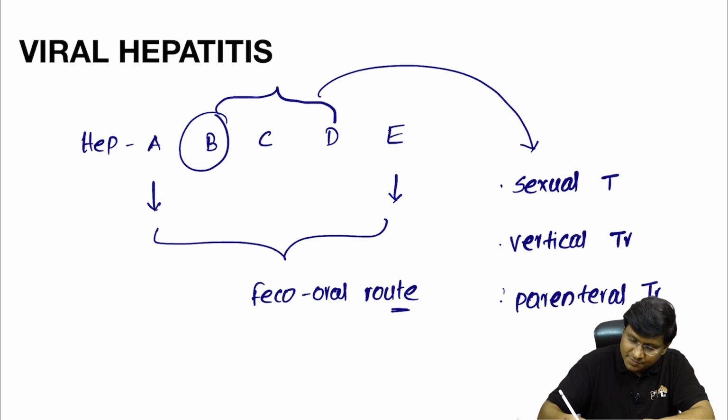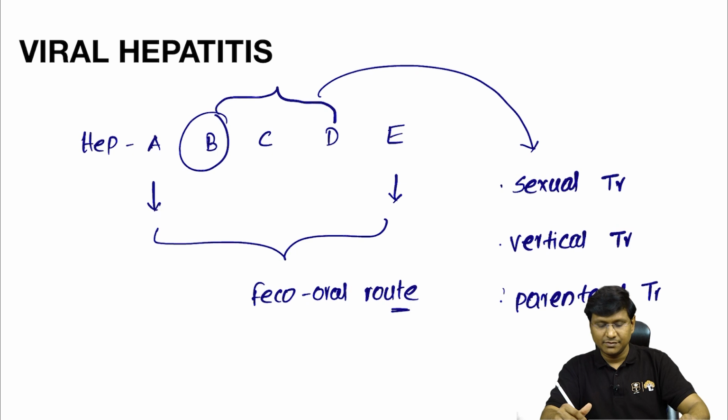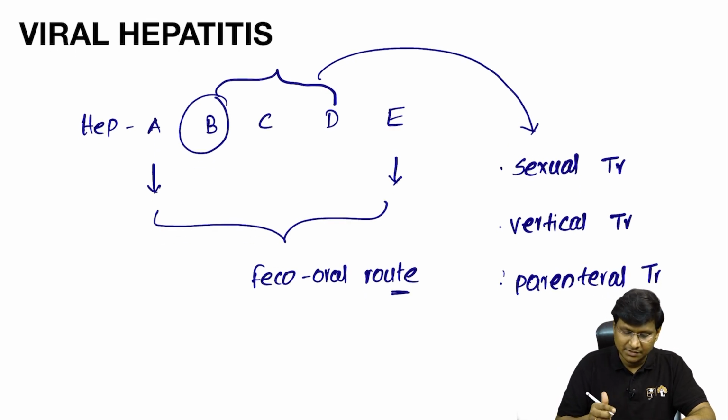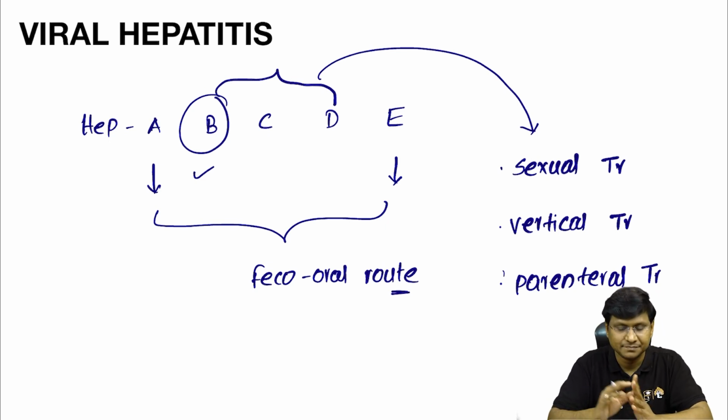So these are the various routes by which B, C, D transmission occurs. Followed by that, we will take up the detailed discussion related to hepatitis B.